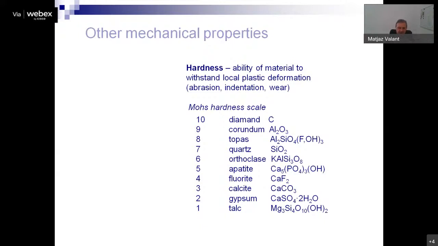So when we talk about hardness, we have this empirical Mohs hardness scale, where we put diamond at the top with the number 10 and talc at the bottom with the number 1. And then we define these units based on the hardness of particular reference materials.